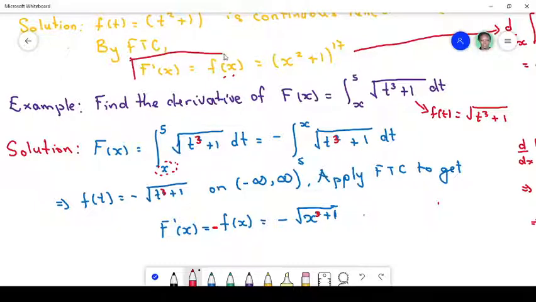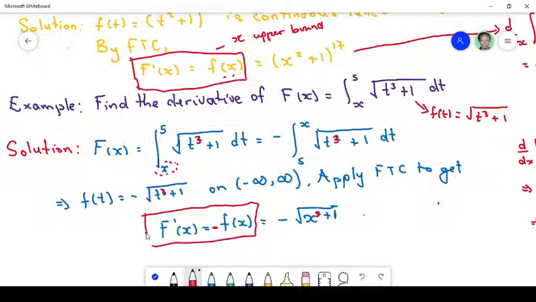So this is x at the upper bound, and this is when x is at the lower bound. Then we get a result as this.